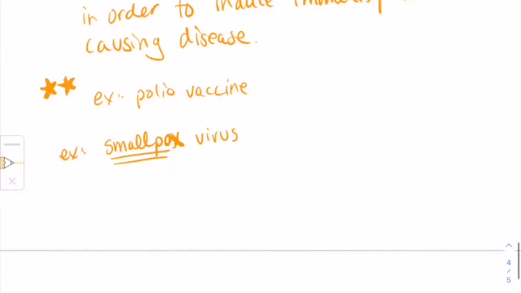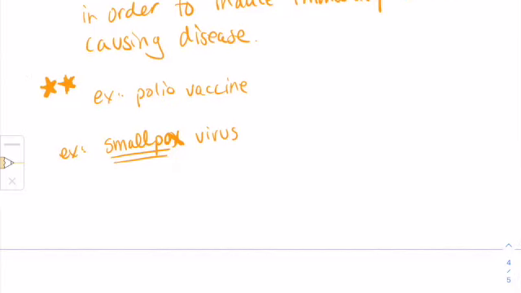But way back when, in like 1780, I want to say, 1780 in England, there was a British country doctor called Edward Jenner. Jenner was the dude's last name.